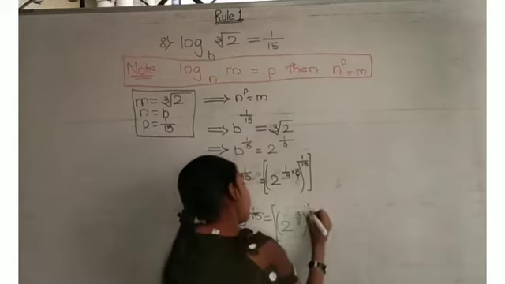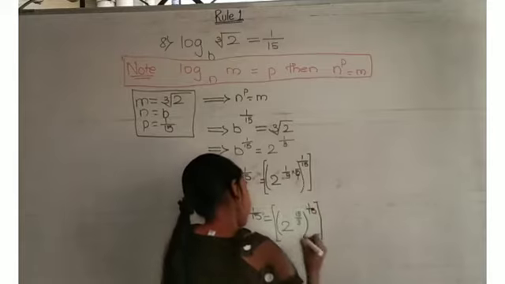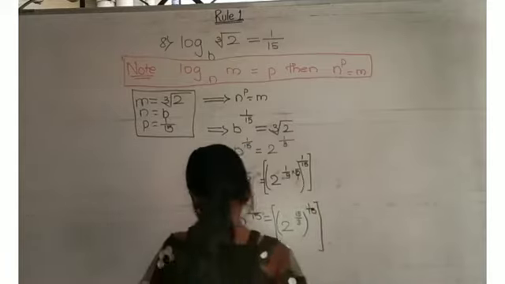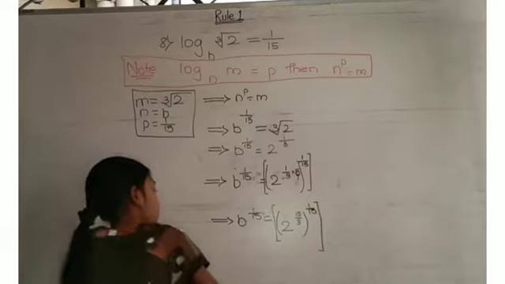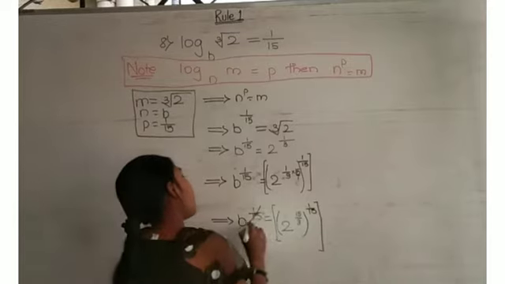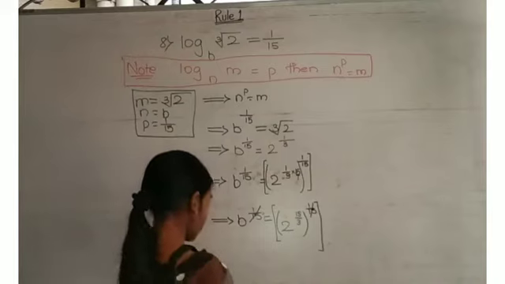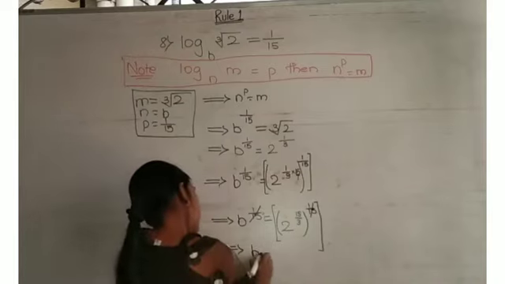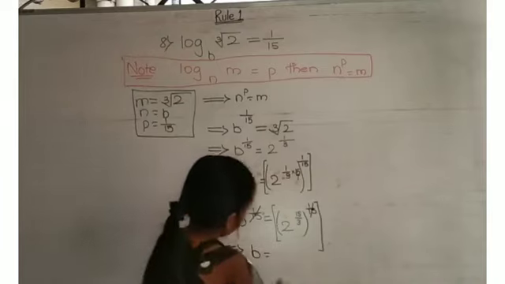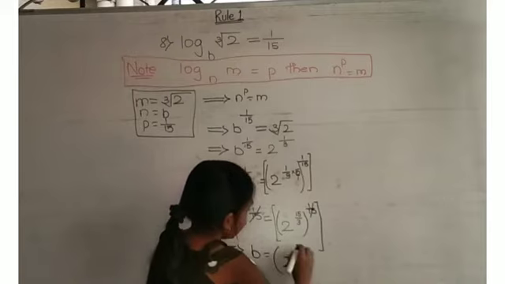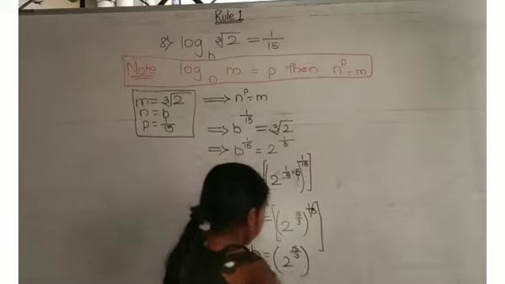And this 1 upon 15 will be as it is. Now this 1 upon 15 and this 1 upon 15 will be cancelled from both the sides. So b is equal to 2 raised to 15 upon 3.